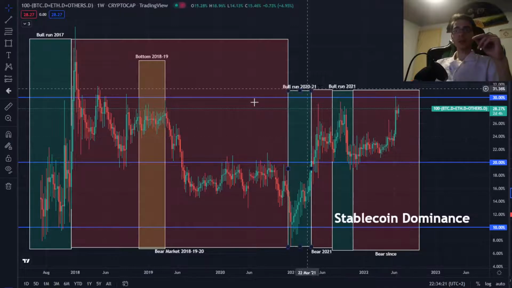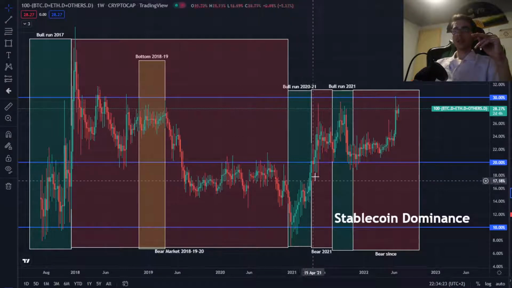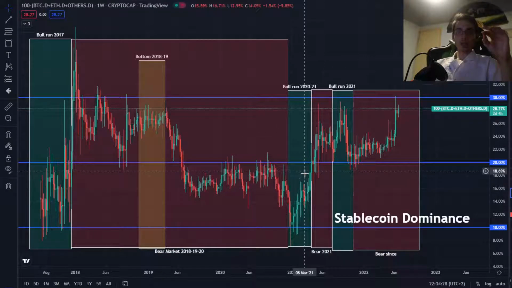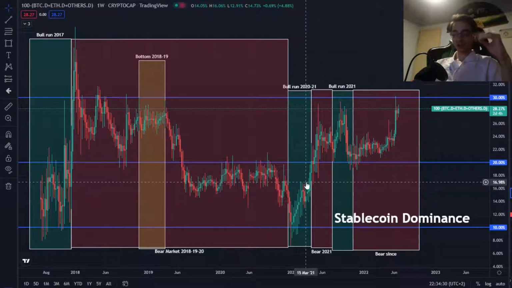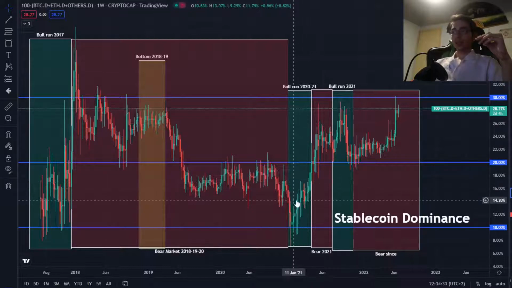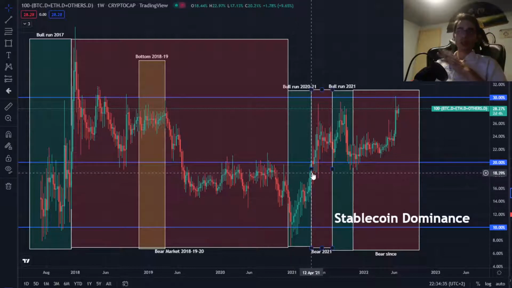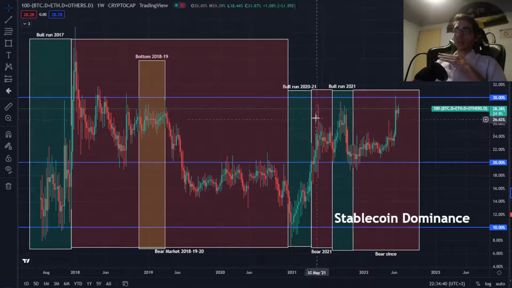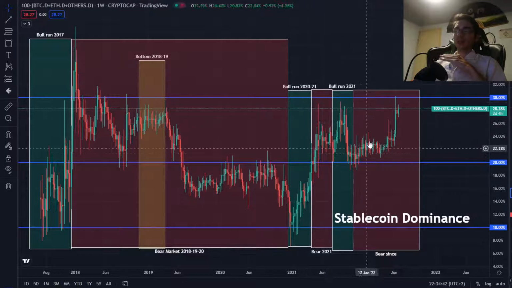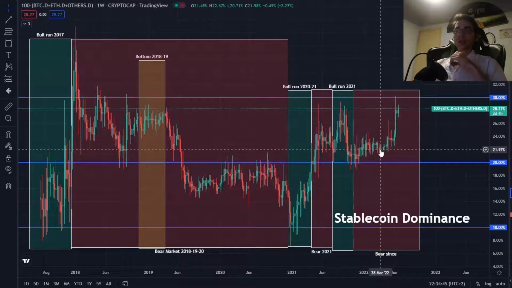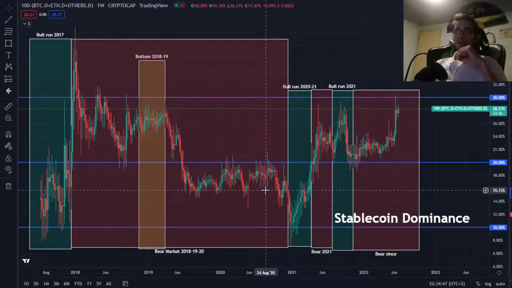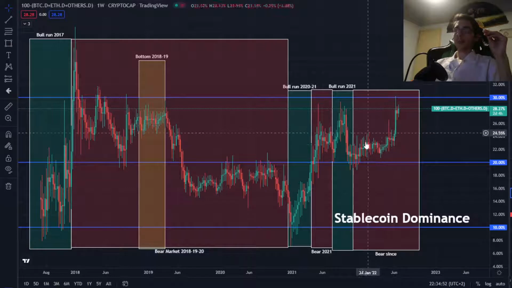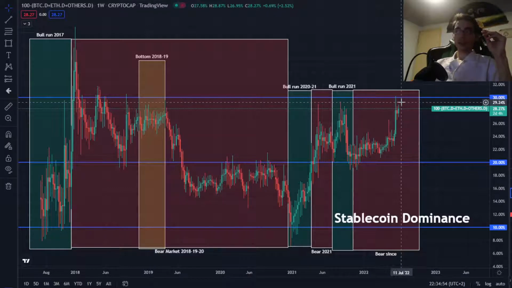They are not actually entering the market, and so reducing their stablecoin exposure. They are actually taking profit and putting these profits to the side of the market. Meanwhile, in the bear, we are not seeing this kind of movement to the downside for the stablecoin itself, and instead we are seeing this rising again.